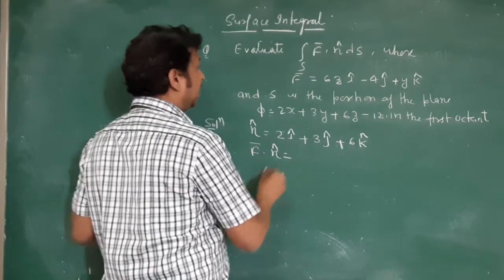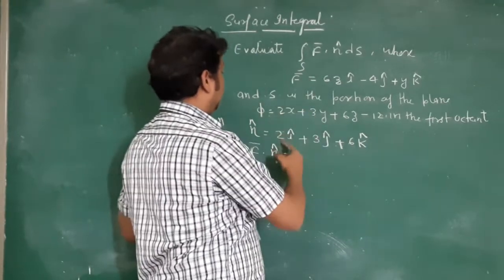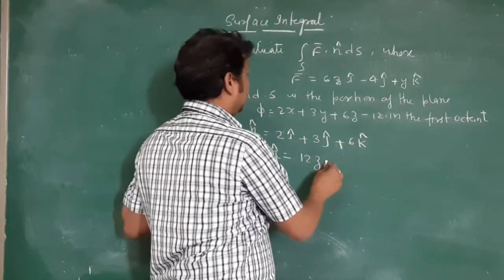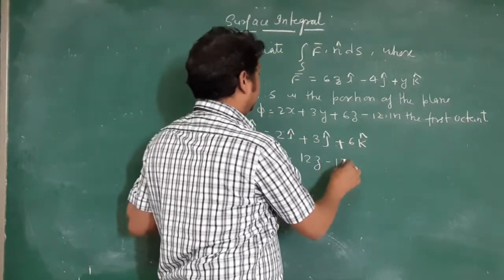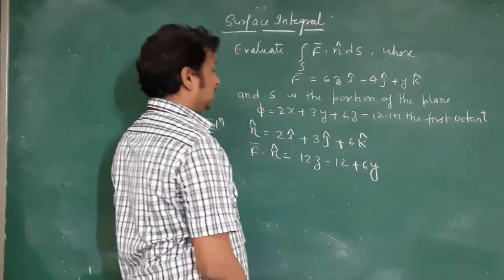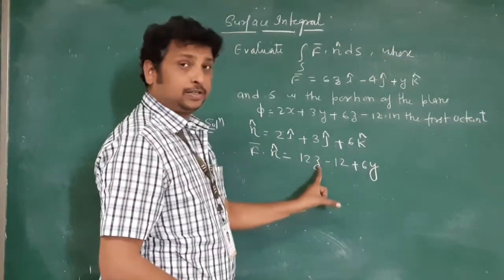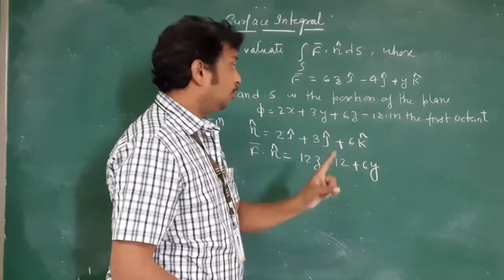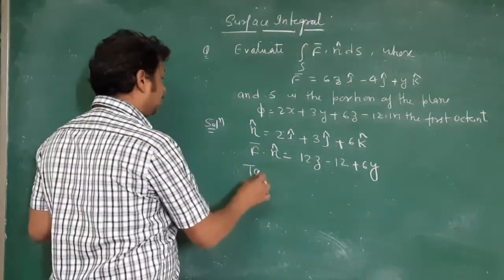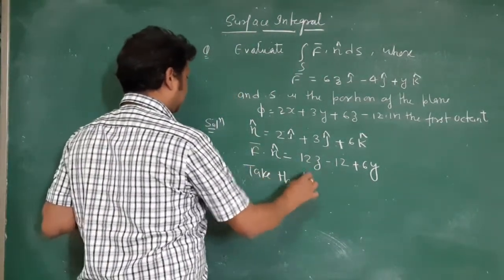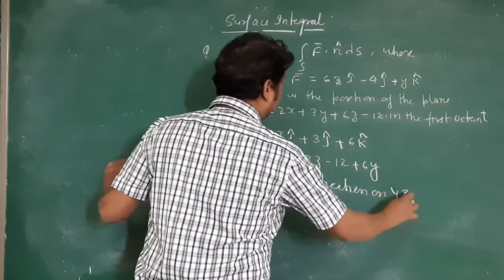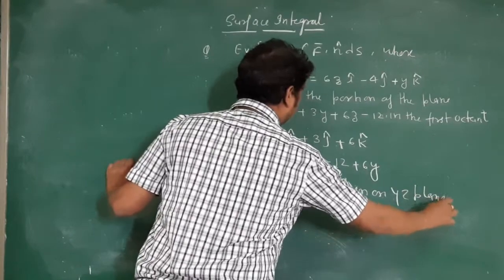F dot n cap is 12z minus 12 plus 6y. This contains y and z. Remember, y and z. So what is better? We go for the yz plane. Take the projection on the yz plane.